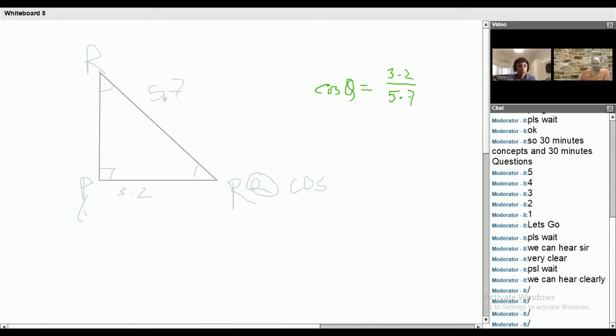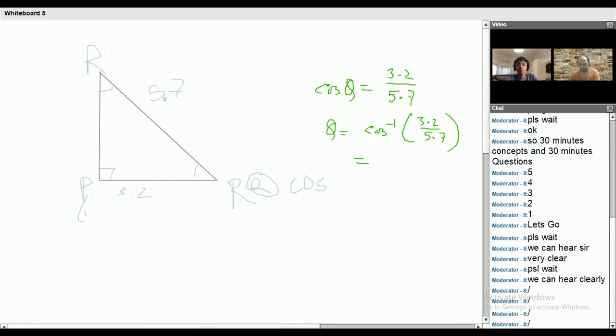It will be cos inverse 3.2 over 5.7. Yes, arc cos or cos inverse 3.2 over 5.7. Now can you have the value of Q using a calculator? Yes. Cos inverse 3.2 over 5.7 gives 55.84.